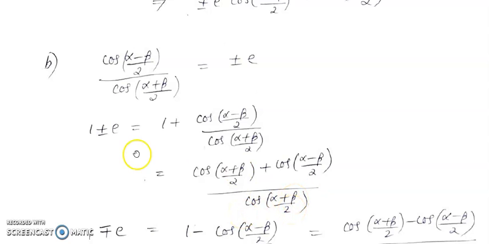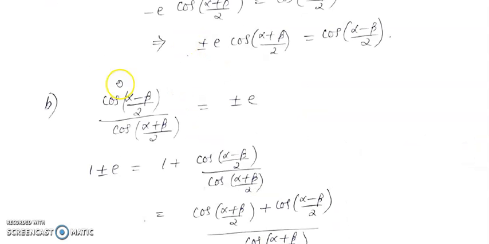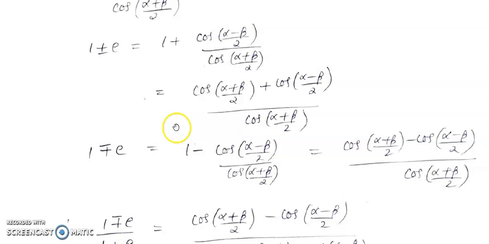Similarly, 1 minus plus e will be 1 minus, now the negative will come, minus plus e, so 1 minus cos alpha minus beta by 2 by cos alpha plus beta by 2. So taking the common denominator, you will get cos alpha plus beta by 2 minus cos alpha minus beta by 2 by cos alpha plus beta by 2.